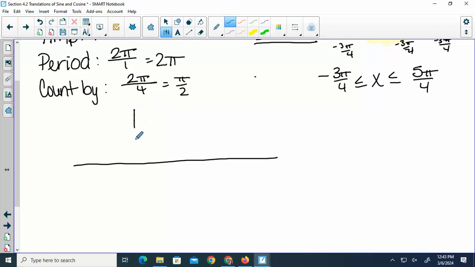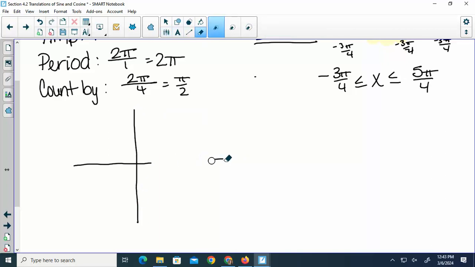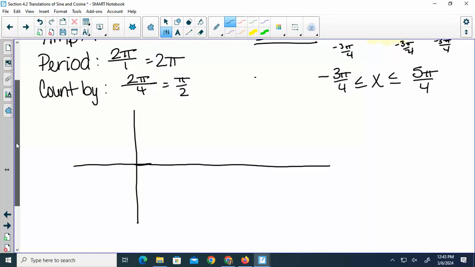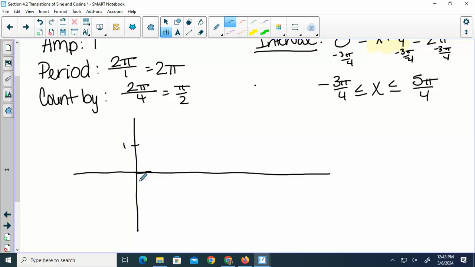So we draw our graph. My amplitude was 1. My period and count by, I'm going to come back to that in a second. I need to look at my interval. I am starting my graph at negative 3 pi over 4, so that will be over here.